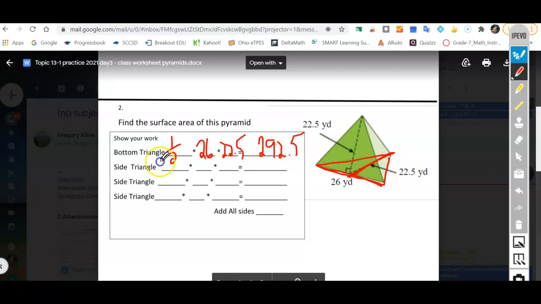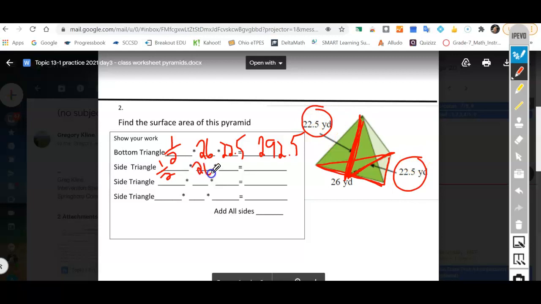All right, side triangles then. We still got to do a half, right? Always on triangles. What's the base and the height of the side triangles? Right. It's this one right here, and they happen to be the same, right? Because they're both 22.5s.